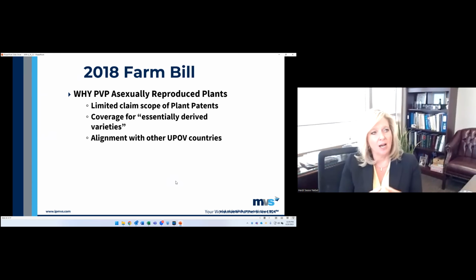The thought behind the expansion of the 2018 Farm Bill to asexually produced plants was that the plant patent, which we talked about earlier, that relates to asexually produced plants, did not cover so-called essentially derived varieties, whereas the PVP does protect against essentially derived varieties.